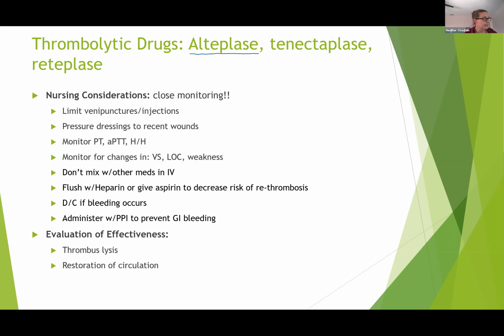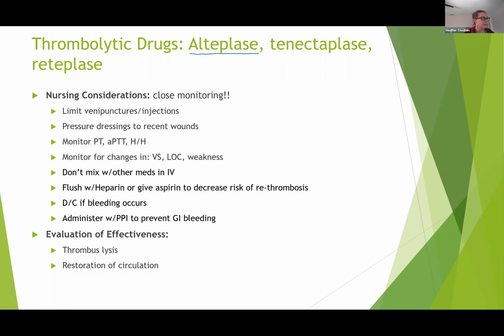So your nursing considerations: close monitoring, because we are breaking up clots. Hopefully we're only breaking up the clot that we want to break up, but what are the chances, right? It's potential to get to other things and to break up clots that were forming for a good reason, preventing bleeding. So close monitoring of your patients.